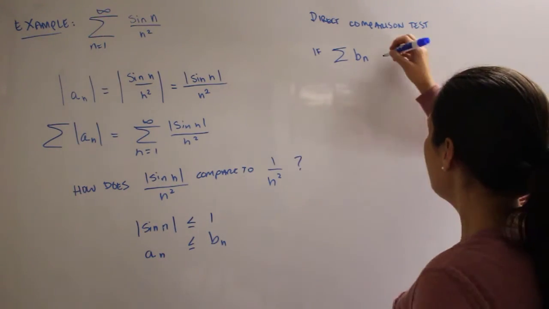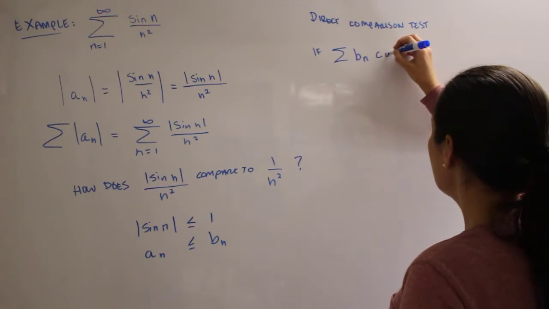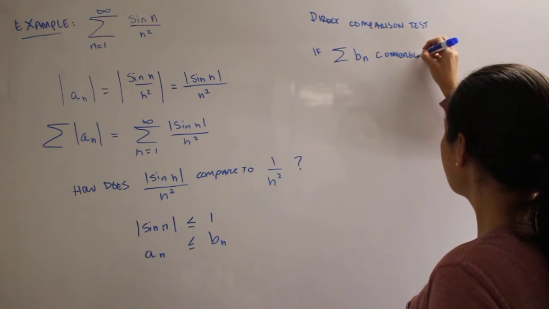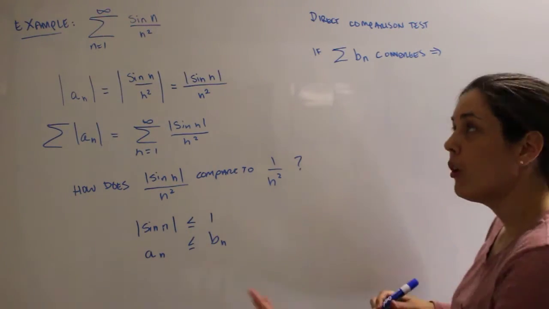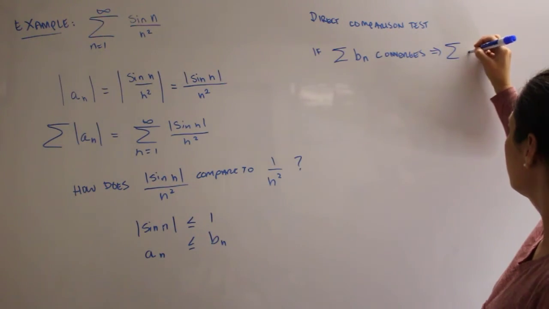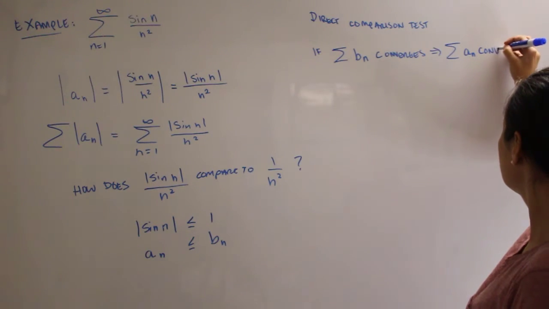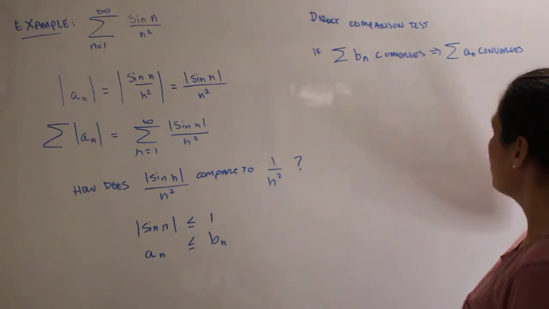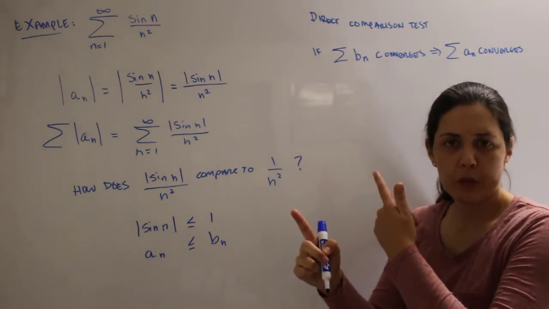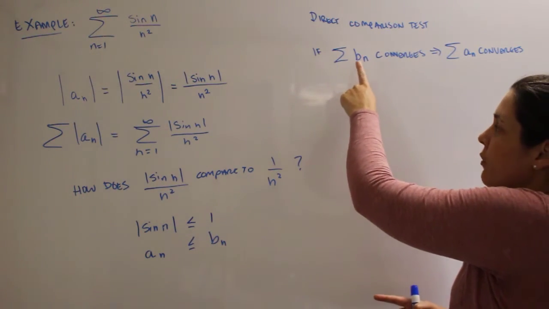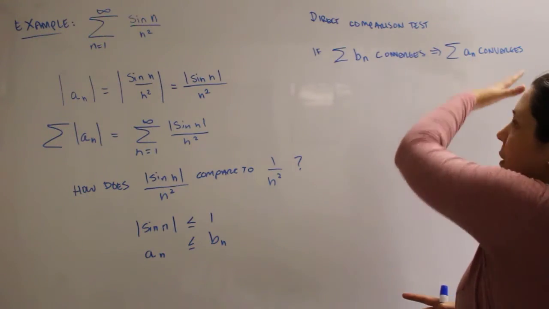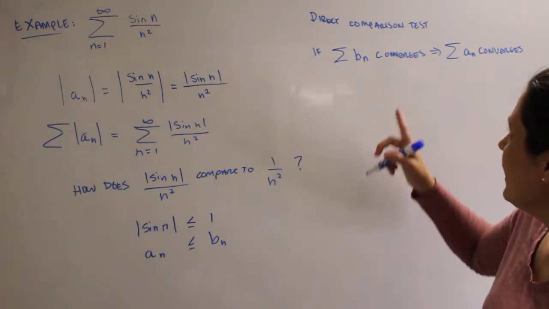If the bigger series converges, then that tells us that our smaller series will also converge. Just a quick note, the opposite is true for the direct comparison test: if a sub n diverges, then b sub n diverges. Okay, so this is true.